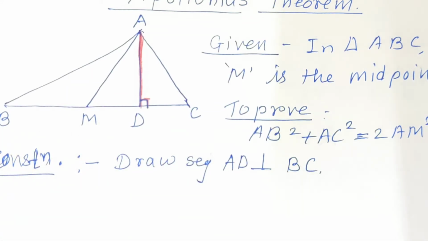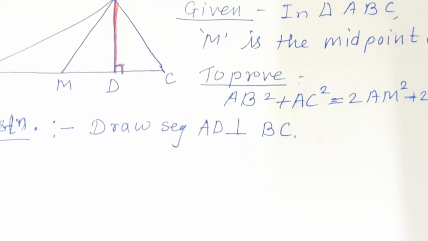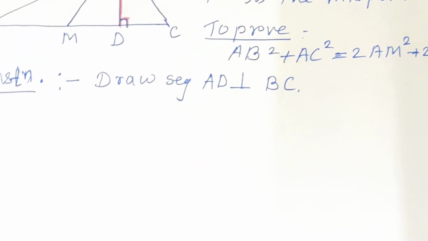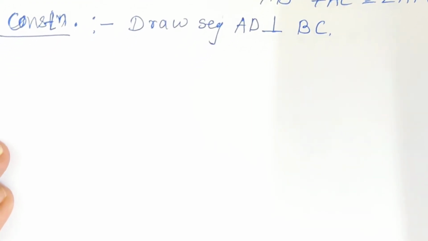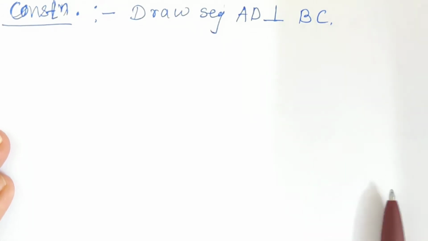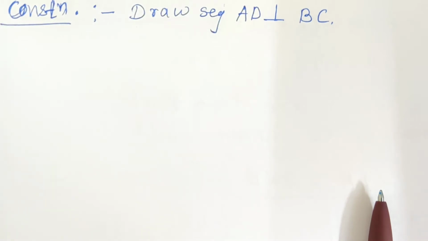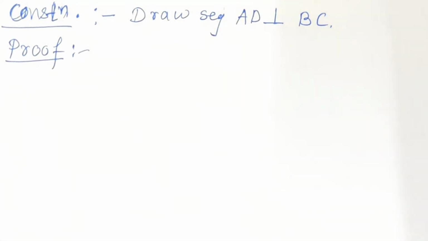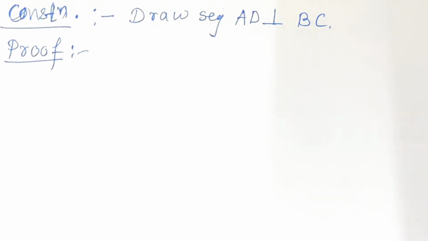And now see the proof. Keep the diagram open in front of you. To understand the proof, the diagram should be in front of you. See, segment AM is not perpendicular to segment BC.